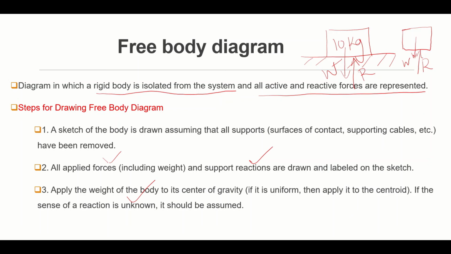But that portion we will cover in detail when we do the problems, because solving problems is the best way to explore many theory topics. Okay, that is the free body diagram. So if asked about a free body diagram, you need to isolate the system. This is all the theory topics in the first session.